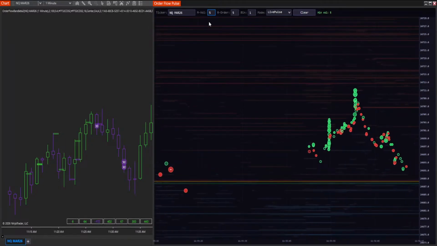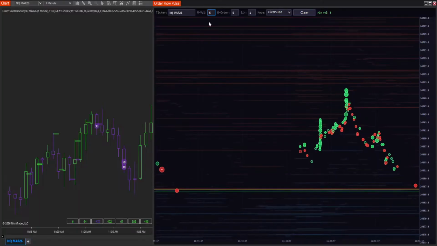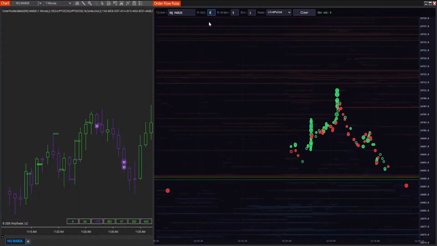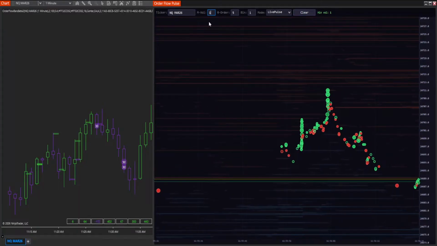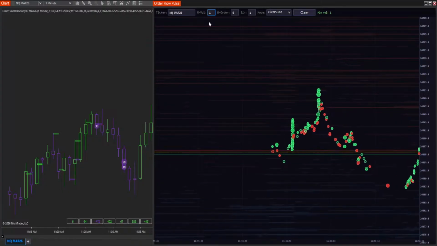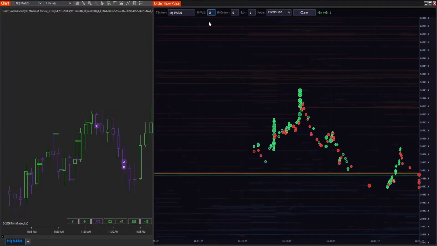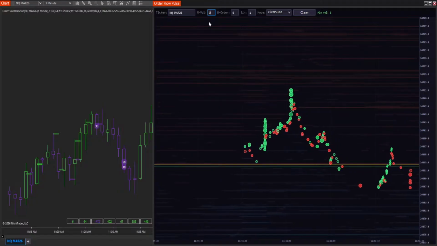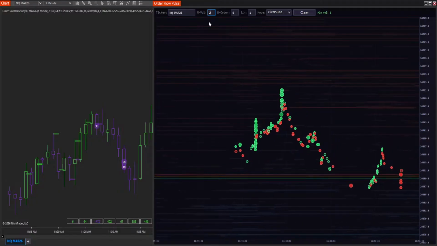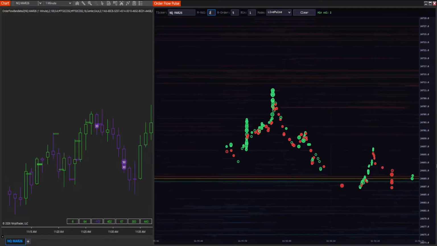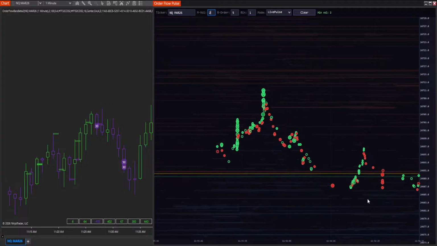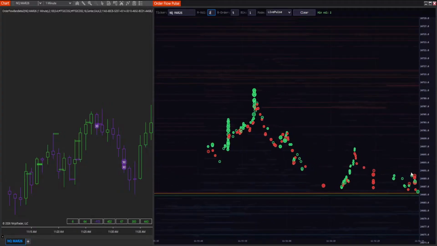As you can see, they stop forming. Okay, there you got 1, 5. If you go to 1, that's a little too much, but it's there if you want to use it. You can go to 3, so only 3 shows up, but I have 2. And the bubbles are going to be updated. A trade has to kick off within 100 milliseconds for the bubble to appear.